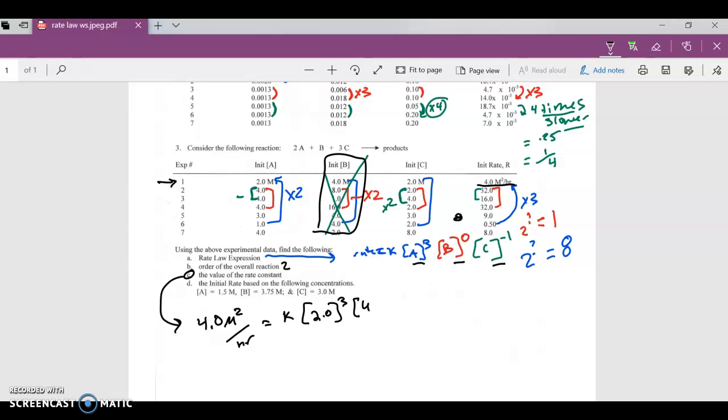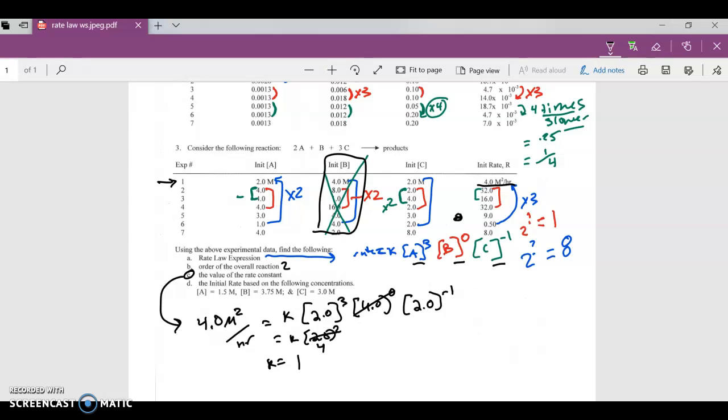My B is 4 to the 0, so really that's 1. And my C is 2 to the -1. So this is when I'm pumping my calculator here. K times 2 to the third, -1, so this is really equal to K times 2 squared, and it's 4, so this is 4. So I'm looking at my K being really just equal to 1, right?